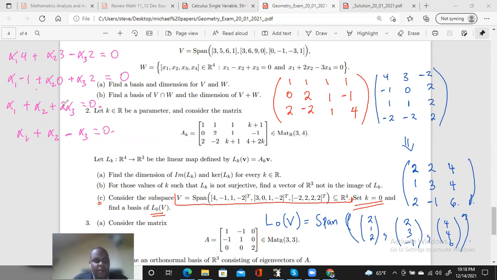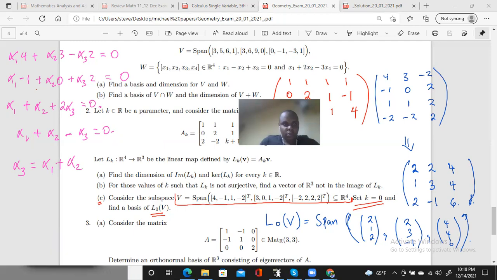So we know that alpha 3 equals alpha 1 plus alpha 2. Right? Yeah. Then we go back up.